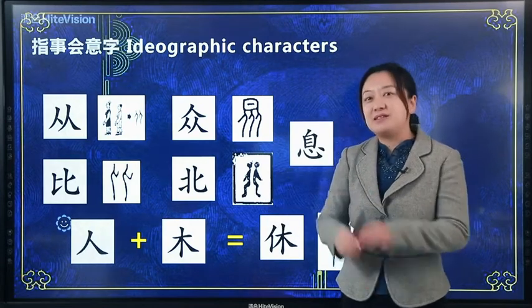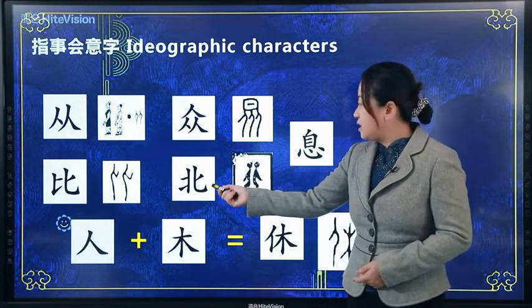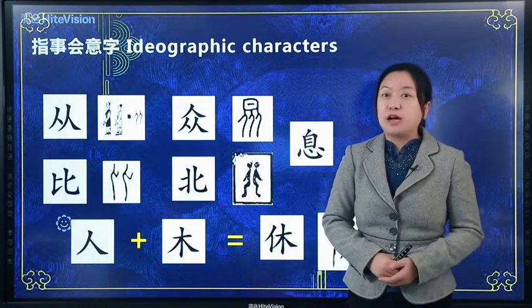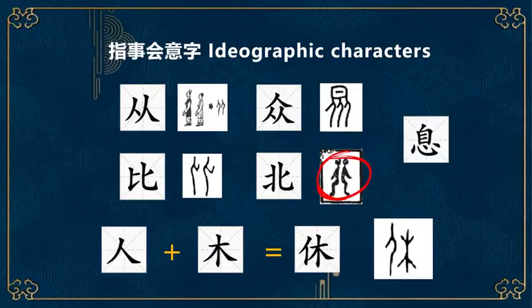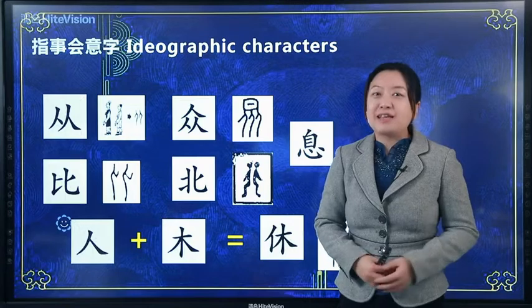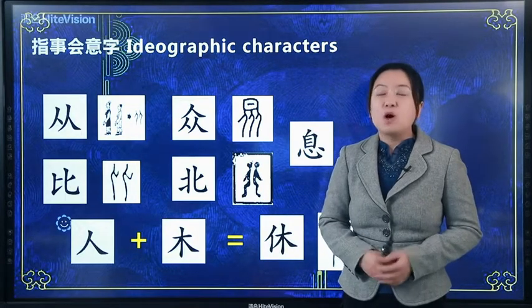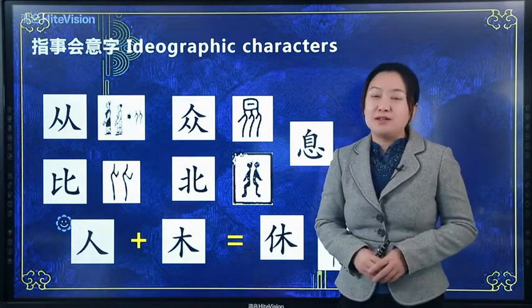So, it means the neighbor. This one, 北, also comes from 2 people. This character made as 2 people sitting in different direction. So, as the original meaning of this one, 北, means the opposite direction, means disagreement, means with different opinions peoples.